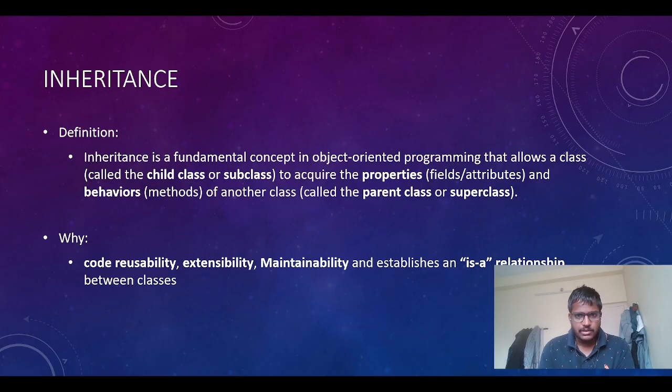How many wheels will be there, that will be a property, and some extra properties will be there. And it will have some methods also, like self start and carrying passengers. One method, what car will do, it will carry some passengers. That type of method will be there. And whatever is there in the parent class, you no need to write again in the child class. That will be automatically acquired by the child class with the help of the extends keyword.